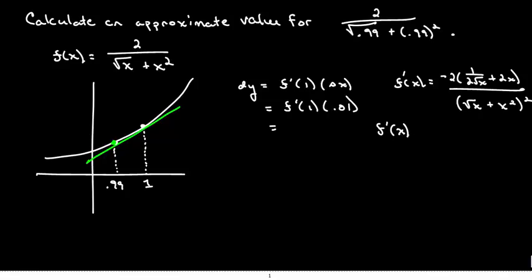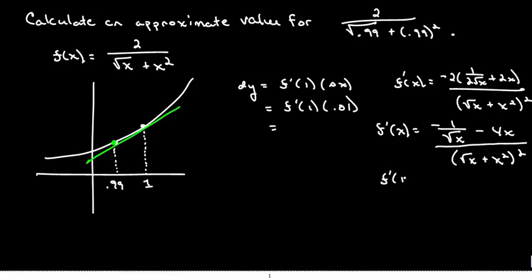So f prime at 1, now we can go ahead and multiply this in. Let me write this out. If I multiply the negative 2 into the numerator, I get negative 1 over square root of x minus 4x all over square root of x plus x squared, squared.